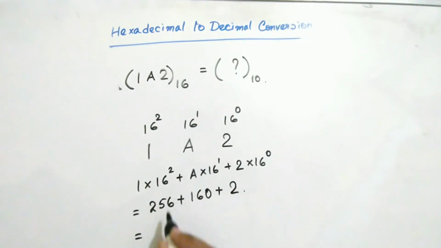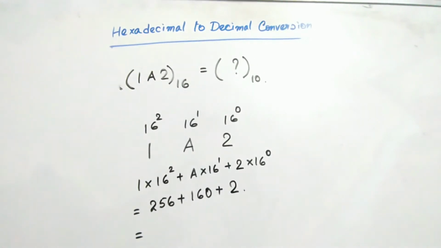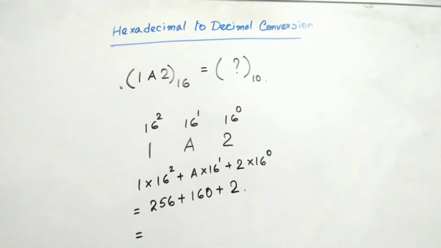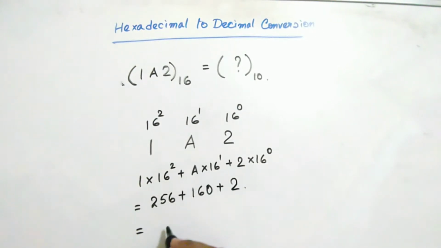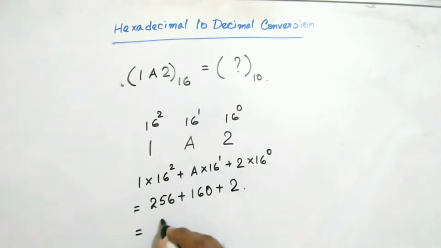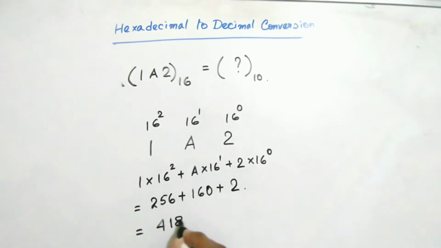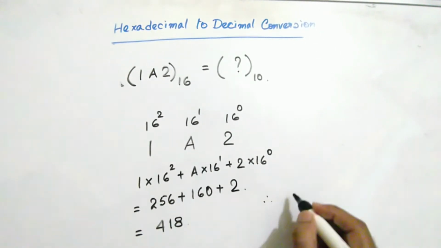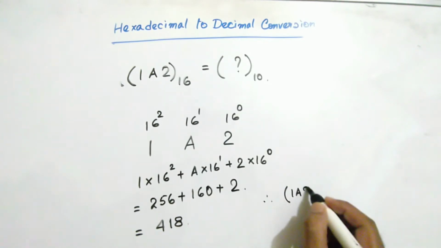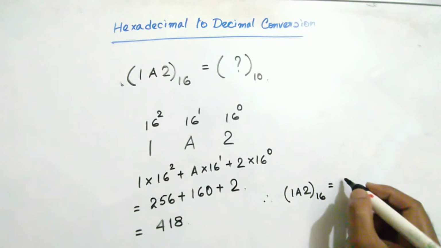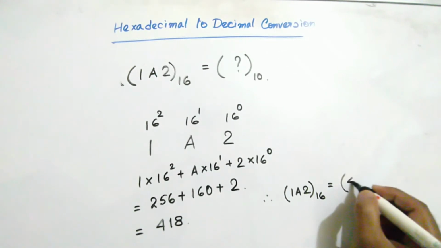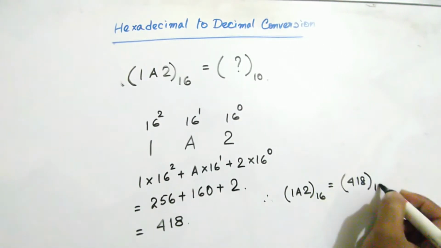So just adding these three, 256 plus 160 plus 2, we will get the decimal equivalent of the given hexadecimal number. Summing all these, we get the result as 418. Therefore, the decimal equivalent of the given hexadecimal number 1A2 is 418.